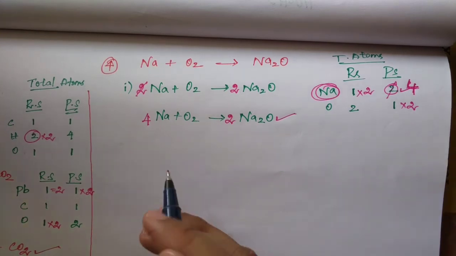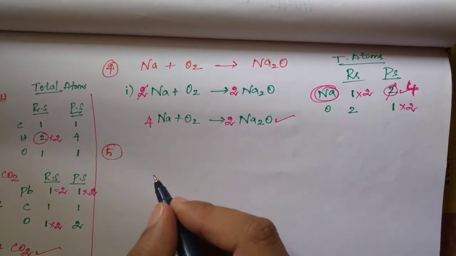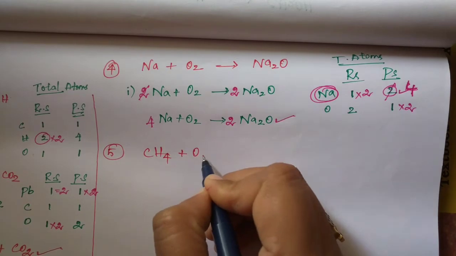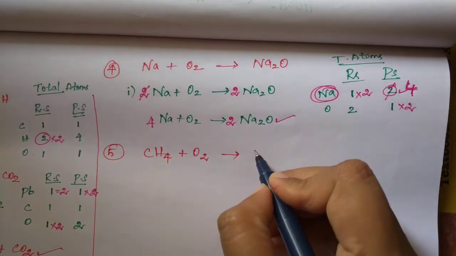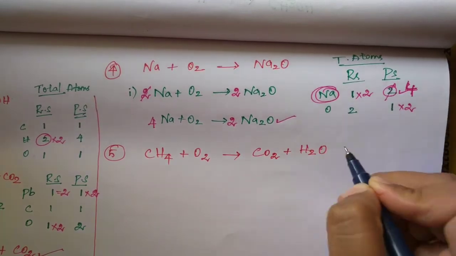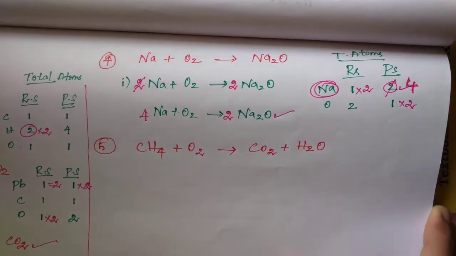Next, equation 5. CH4 plus O2 gives CO2 plus H2O. Trick number 1, total number of atoms.